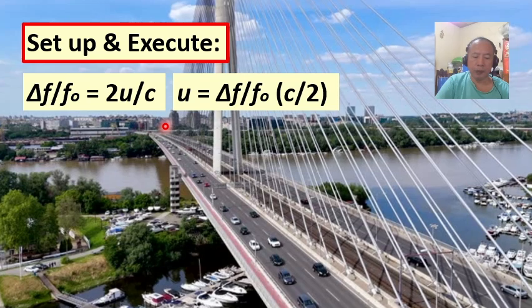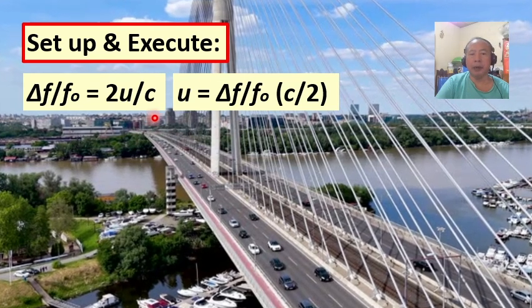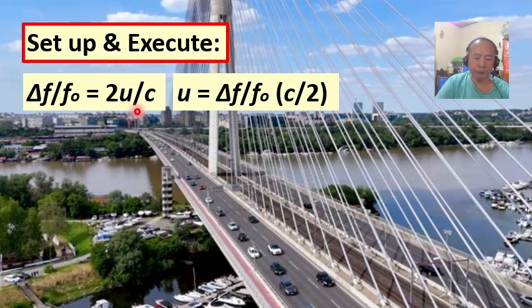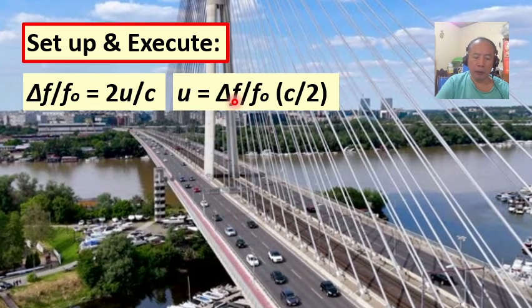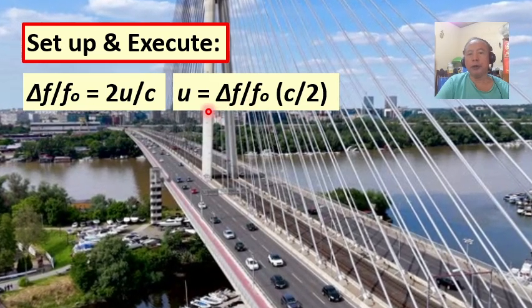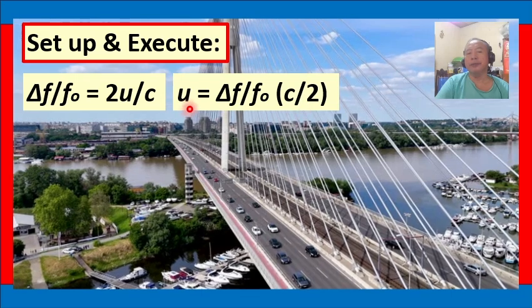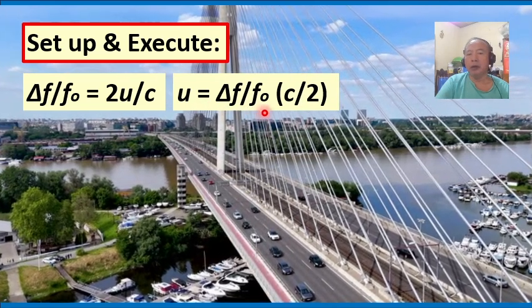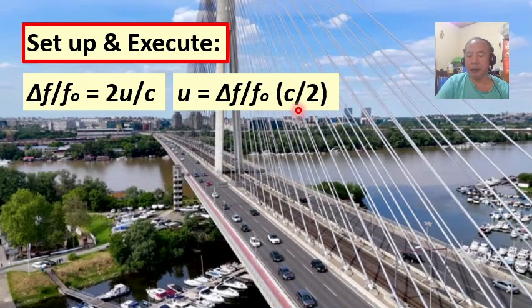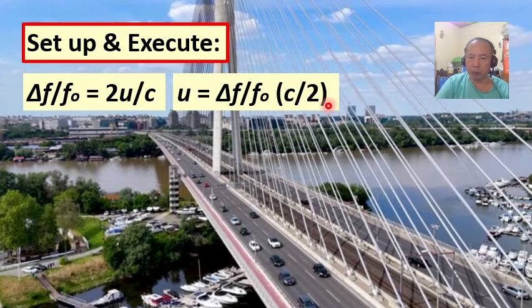So we isolate the target variable u, and we get this working formula for determining the speed of the baseball: u equals delta f over f naught multiplied by c over 2.